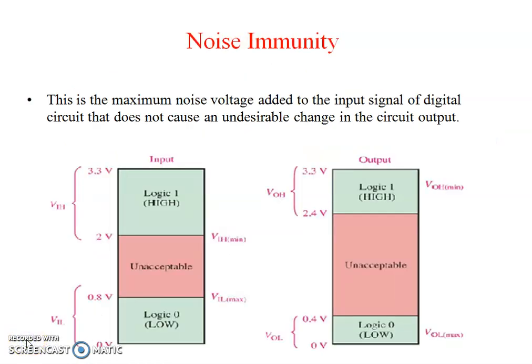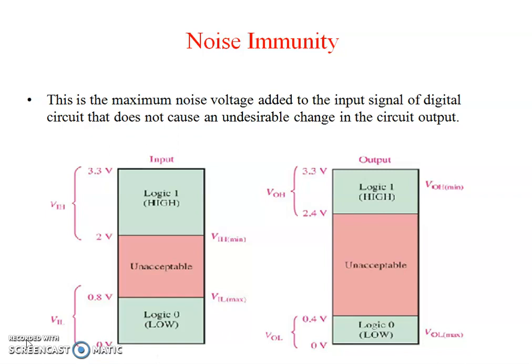Now the next characteristic is noise immunity. Noise immunity is the maximum noise voltage added to the input signal of a digital circuit that does not cause an undesirable change in the circuit output. Noise immunity is divided into two types of noise.